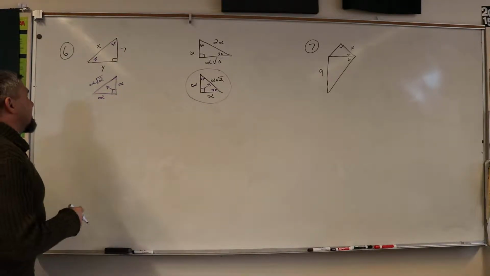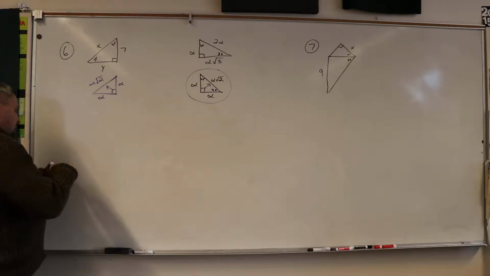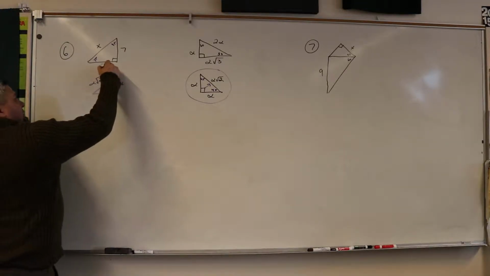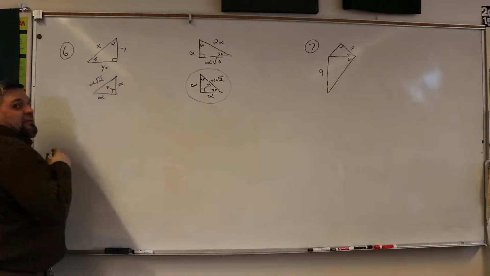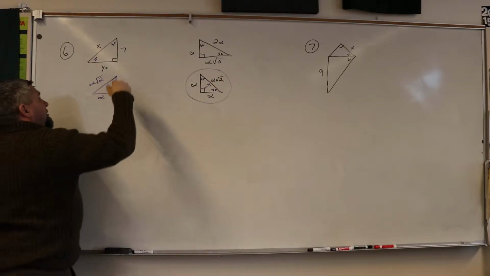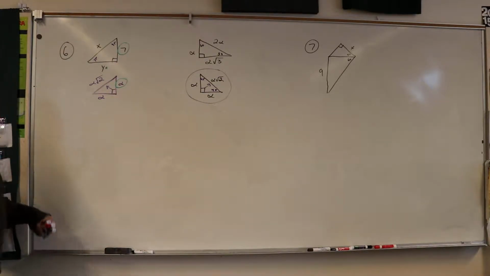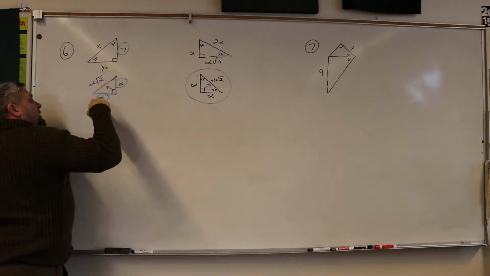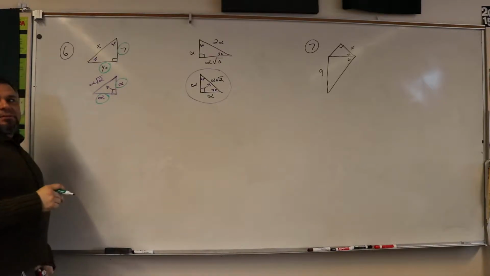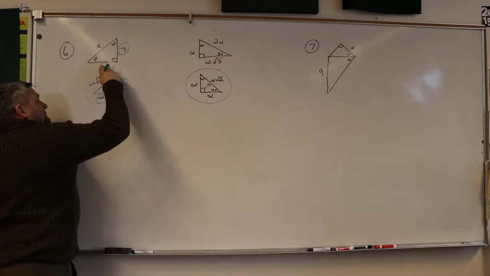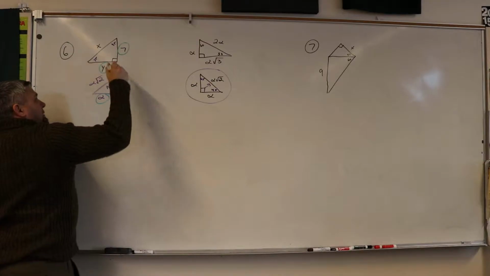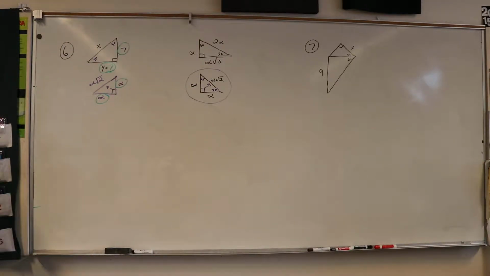And what's nice is I know that these are the same. I know that this is equal to this. And I know that this is equal to this, so I know that this is equal to this. So therefore, y equals 7.